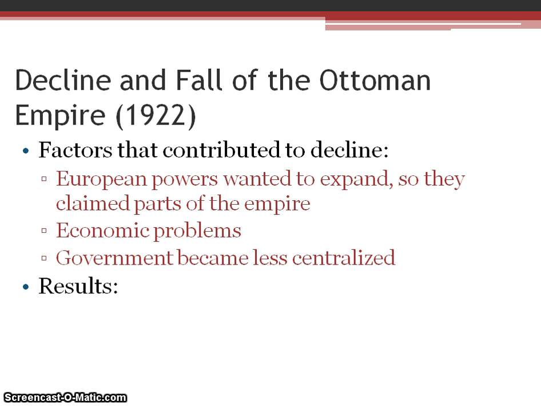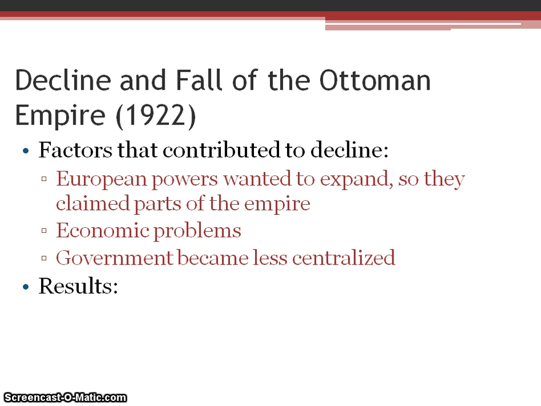And some other effects that we see, the sultans begin maintaining less strict religious adherence, and they just don't maintain that same high standard of governance that they did previously.